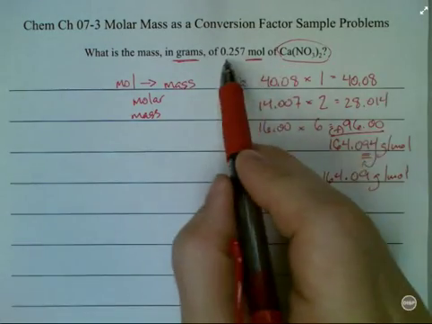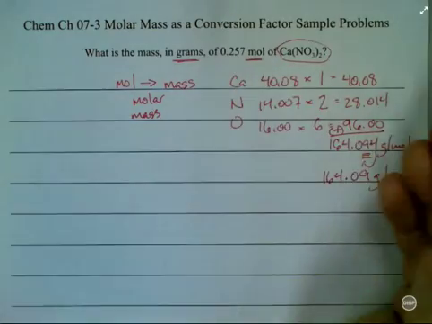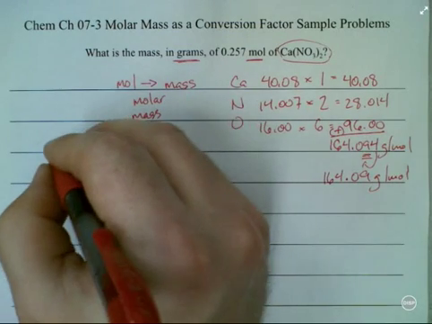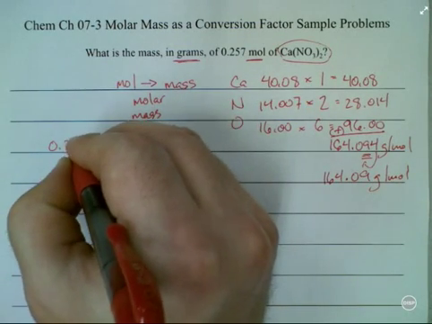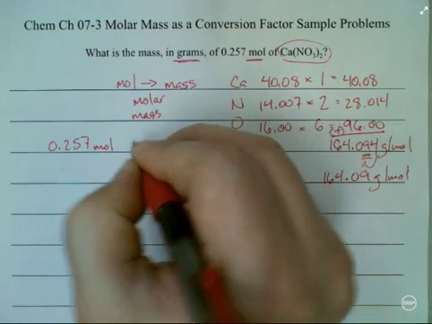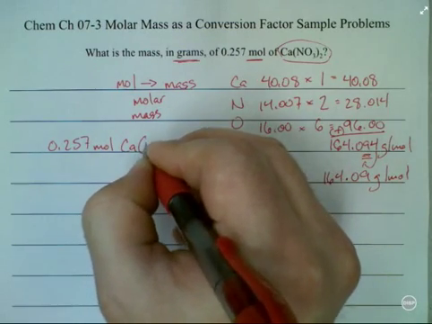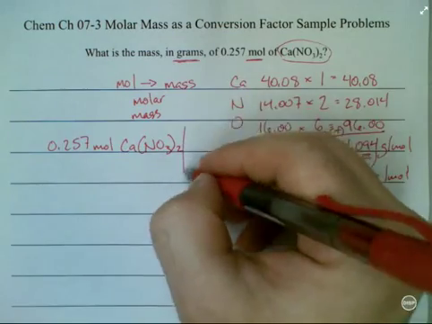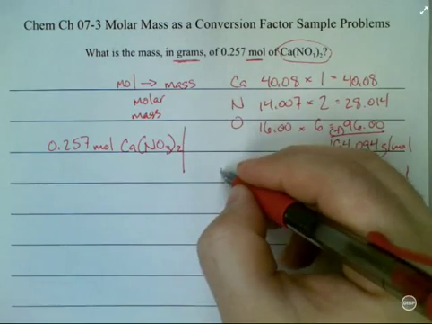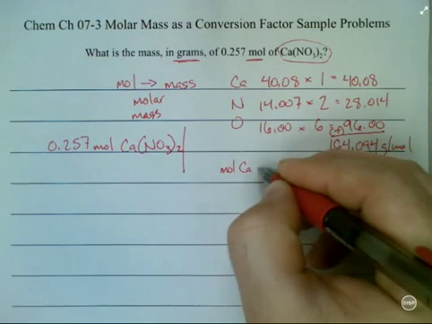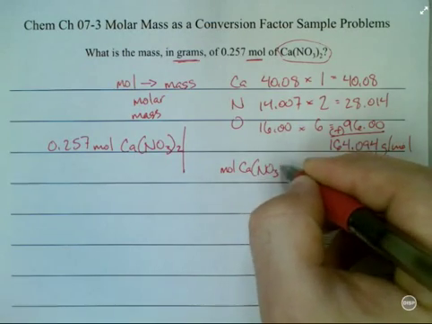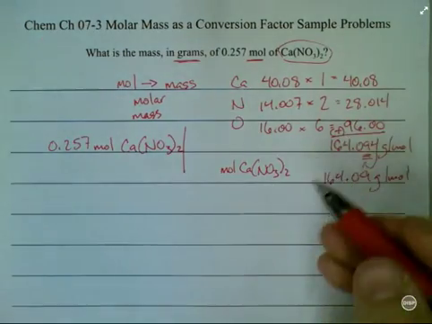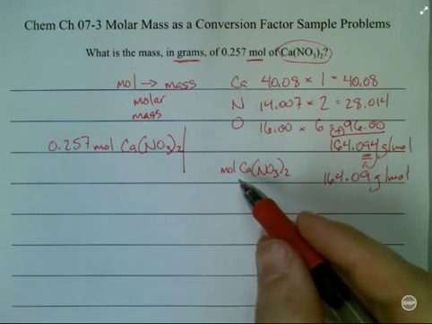Alright, now I'm actually ready to set up my conversion. I'm going to start with this number of moles given to me by the problem. I have 0.257 moles of calcium nitrate. And I'm going to set up a conversion. I know I want moles of calcium nitrate on the denominator because it's the only way I can get these things to cancel.